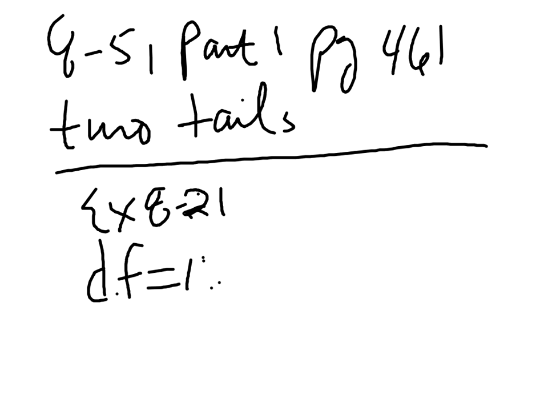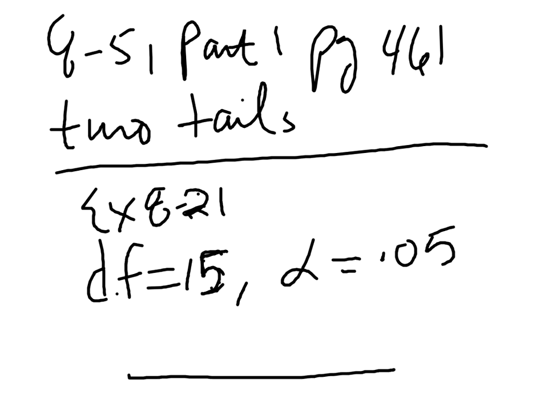All right, we don't really need to know that n was 16, but it is. And we've got an alpha of 0.05. Okay, and we're supposed to find, and they remind us that the test is right-tailed.